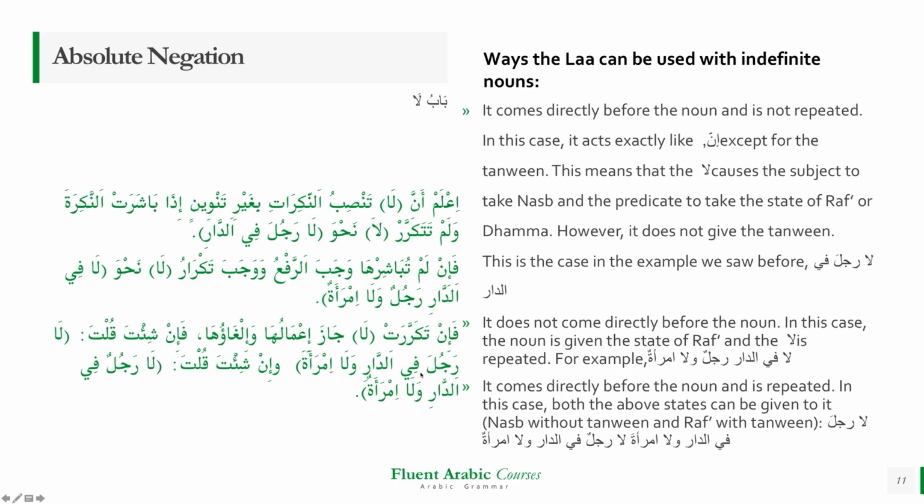You can say لَا رَجُلَ فِي الدَّارِ وَلَا امْرَأَةٍ, or you can say لَا رَجُلٌ فِي الدَّارِ وَلَا امْرَأَةٍ. Both are correct, and this is when the la is repeated but it comes directly before the noun. So these are the three instances of using the la of absolute negation.